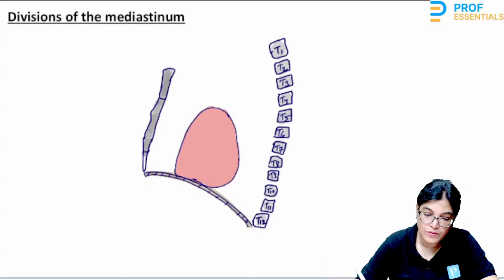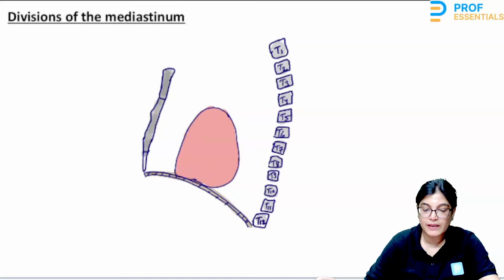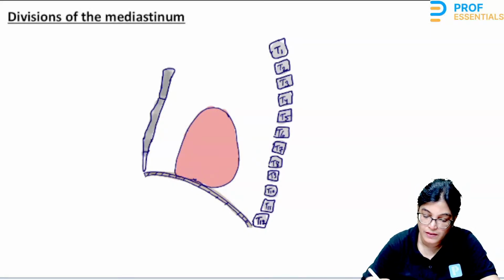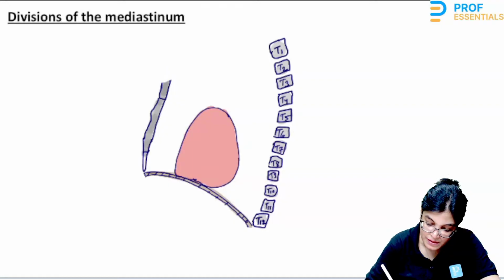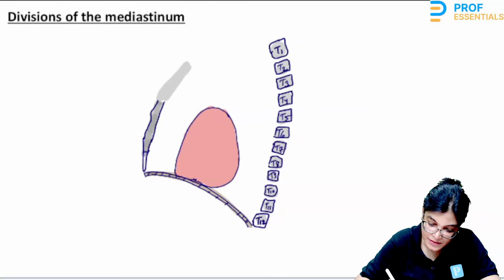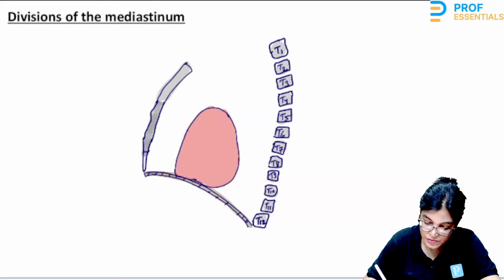Now, for proper understanding, it's important for us to know that it should be more oblique. If we can make it more oblique, it will be greater. So it will be like this.